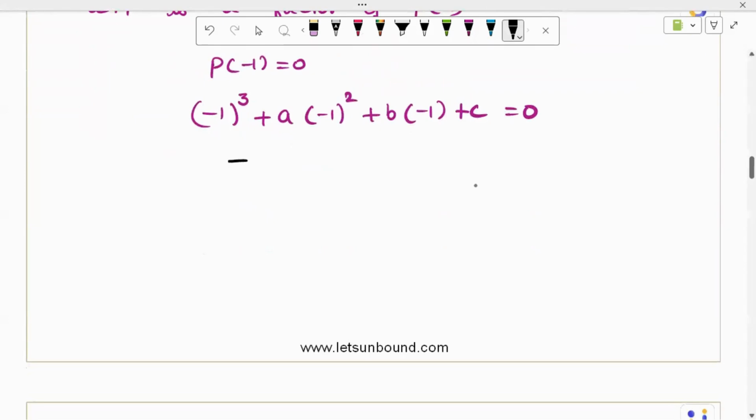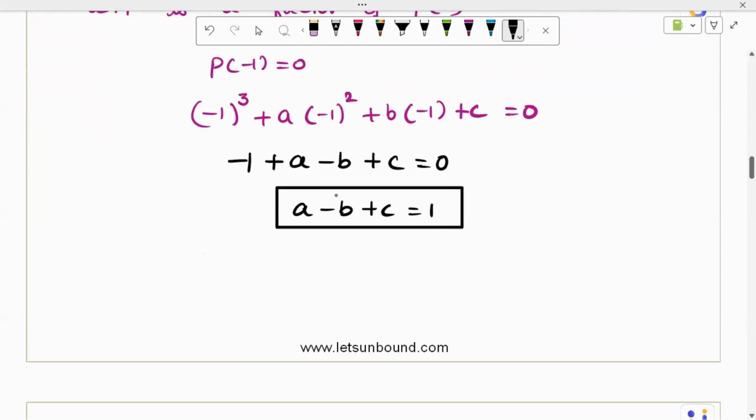And it's minus 1 plus a minus b plus c equals 0. So we got this. Let me simplify, all variables on one side and the number on the other. Let it be named equation number 1.